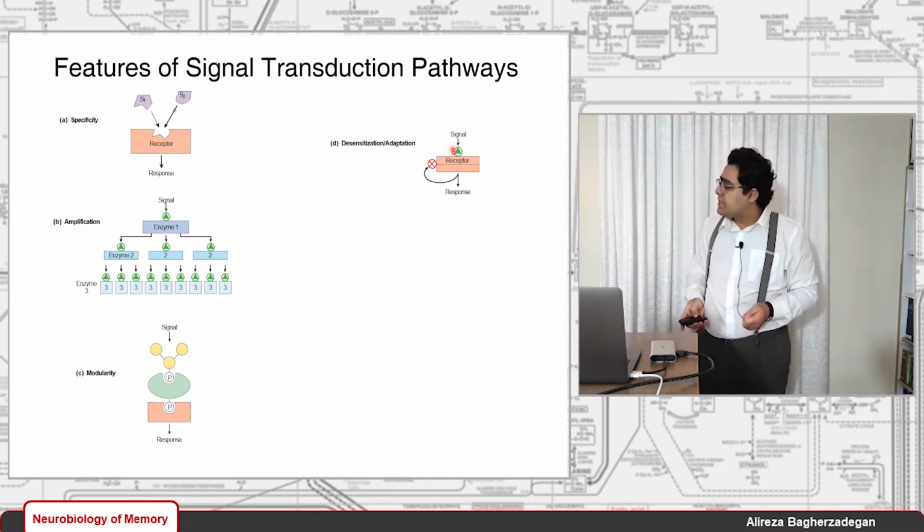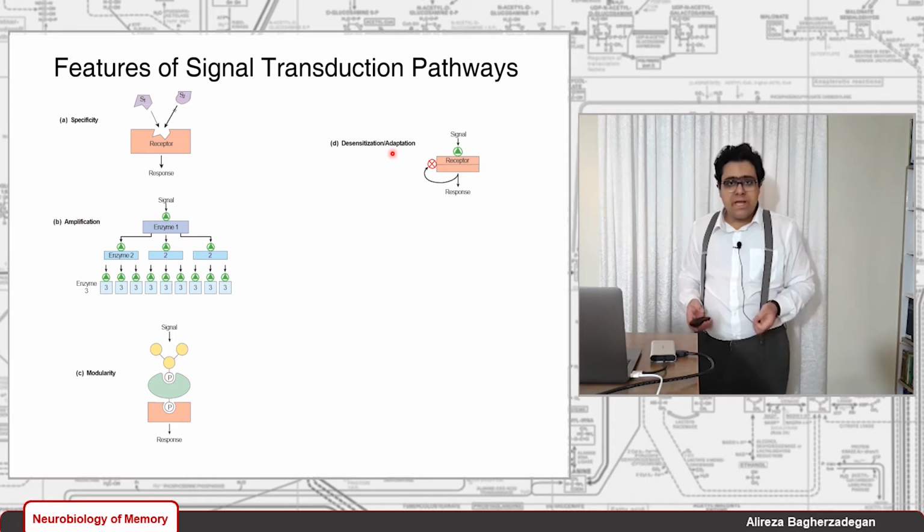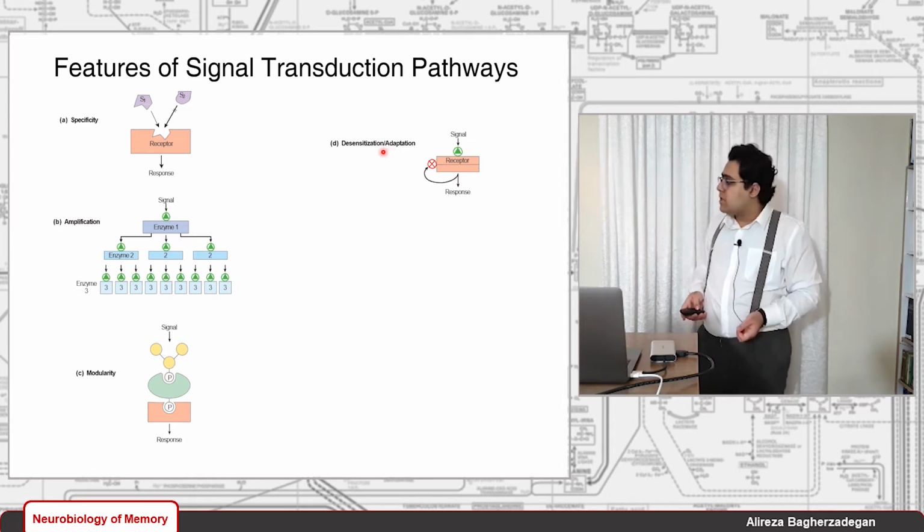So if the signal is constantly present, the receptor is going to be desensitized and no longer is able to get the signal. Again, I'm going to talk about different types of mechanisms of receptor desensitization.